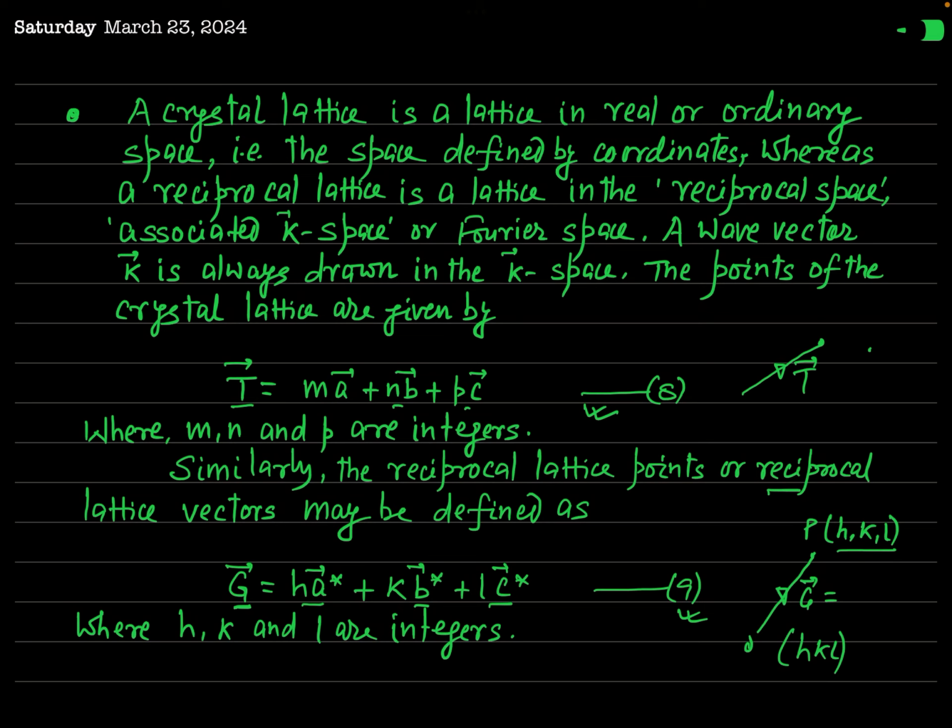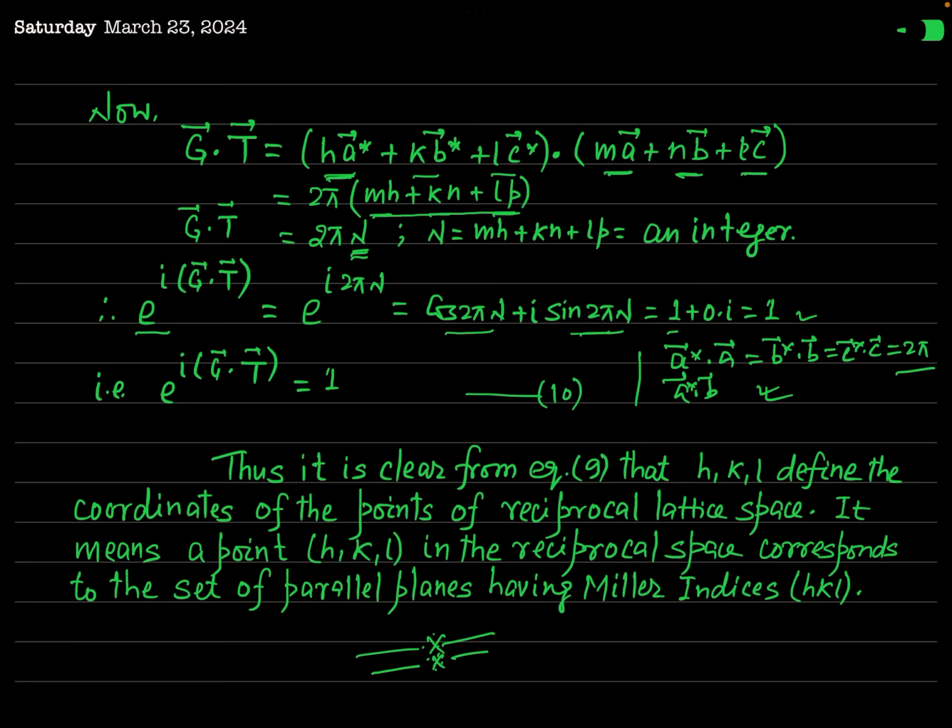So if this is a plane marked by Miller indices HKL, then this G represents a normal to this plane. So this is the basic idea of the reciprocal lattice vector, and we will now deal with the very important problems related to this reciprocal lattice vector in the forthcoming lecture.